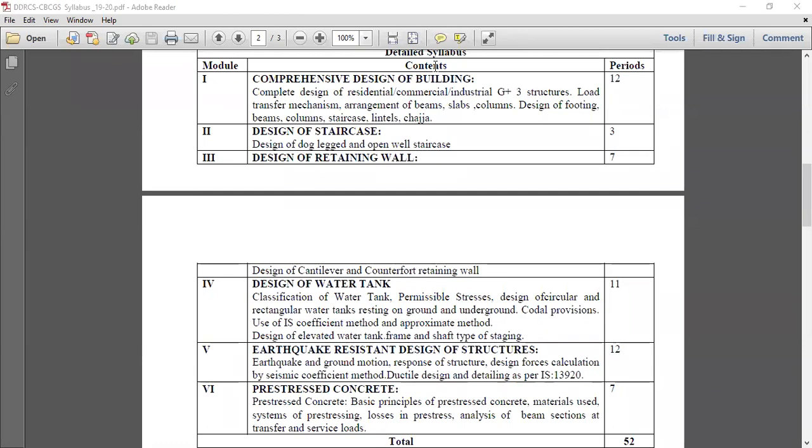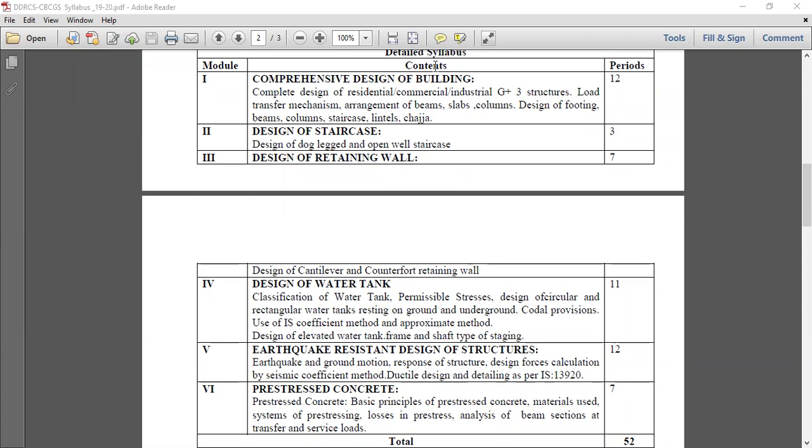In the syllabus, we are going to design circular water tank and rectangular water tank. Circular water tank is divided into two parts, one with flexible base and one with rigid base. Flexible base means where the wall and the base are not connected.